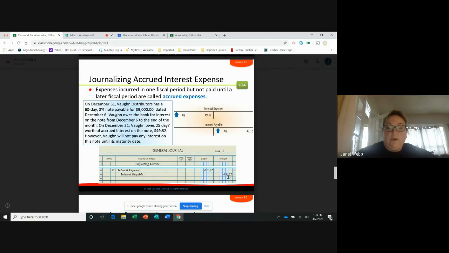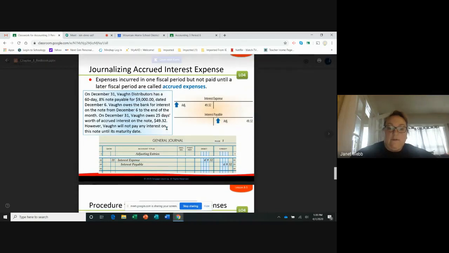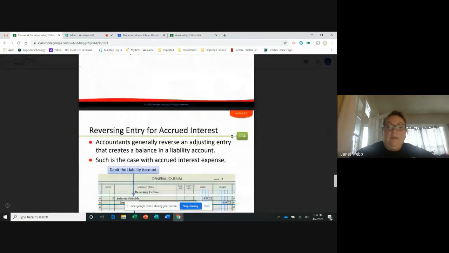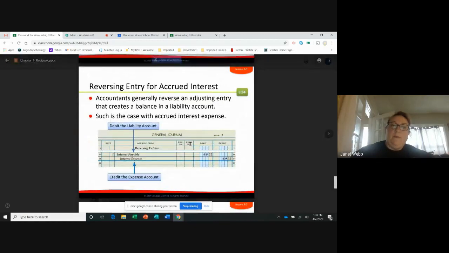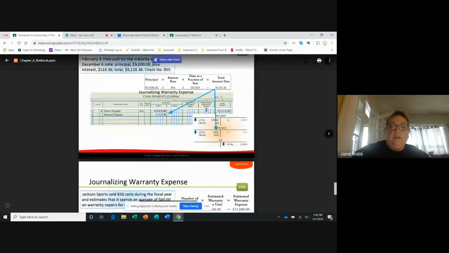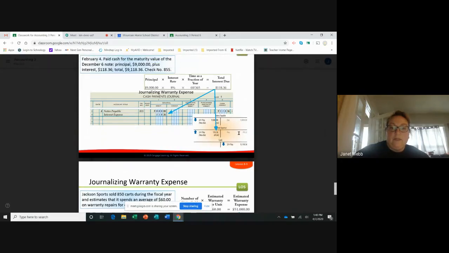It came out to $49.32 for those last couple of days of December, and we have an adjusting entry for it. Then we reverse that entry at the beginning of January, because all of that interest is going to come out when we actually pay it at the end of those 60 days. This is showing it at the end of those 60 days, all being paid off. So there's that 49 that we ended up taking out, and we end up paying it.